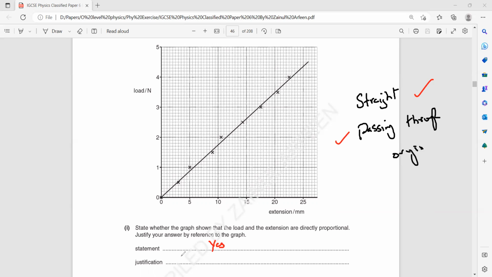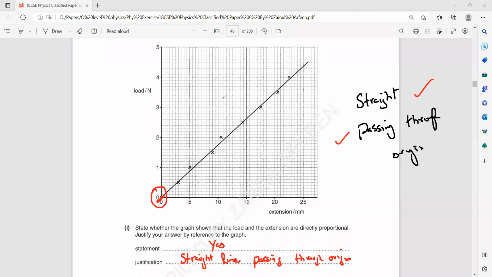And the reason we'll mention is that it is a straight line passing through the origin. The line is passing through the origin because this point is called the origin.